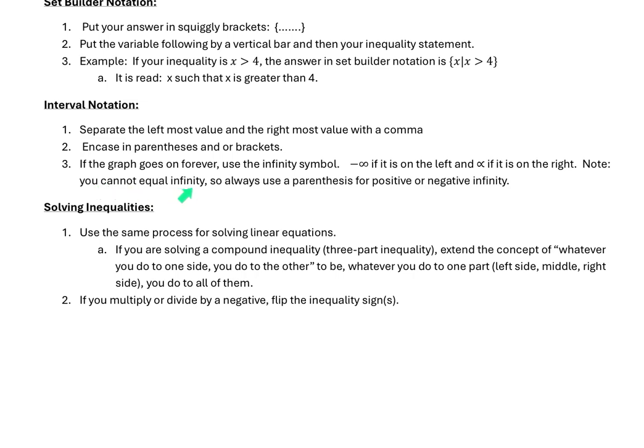Remember that we cannot equal infinity, so infinity will always use a parenthesis, whether it's positive or negative. If our number is not included, for instance up here, our x greater than 4 is not included in this statement, we would use a parenthesis. And if it is included, if it's an or equal to statement, then we will use square brackets.